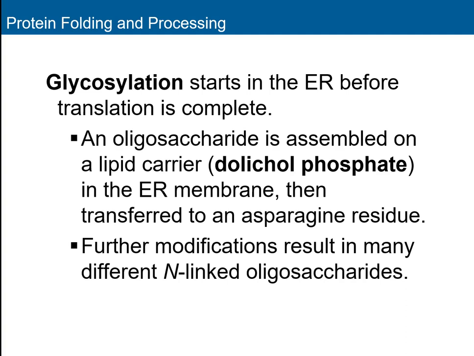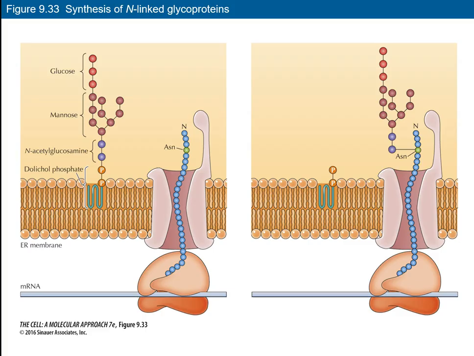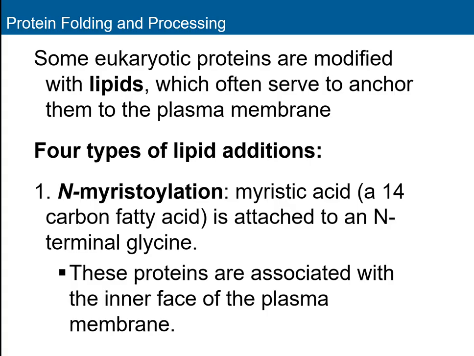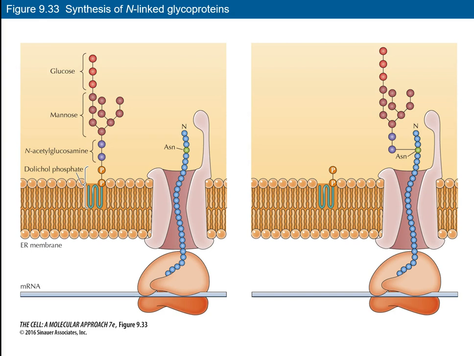Let's look at a picture here. Nobody needs to know the exact mechanism for how these things are happening, but let's see a picture of how this process occurs. So here's your mRNA. That ribosome is targeted to the ER. Remember we talked about the rough ER, it has ribosomes sitting on it. Those are going to make proteins that need to go inside the ER.